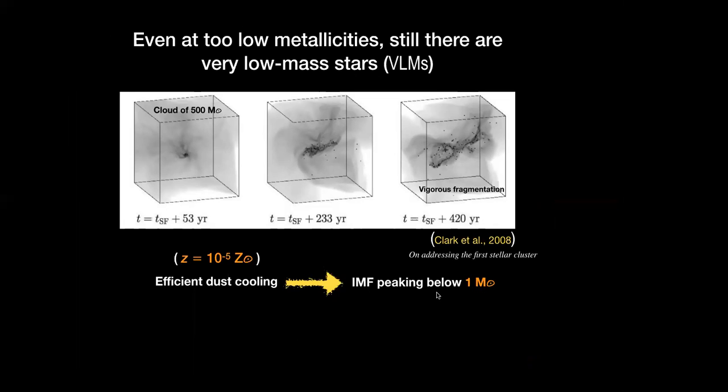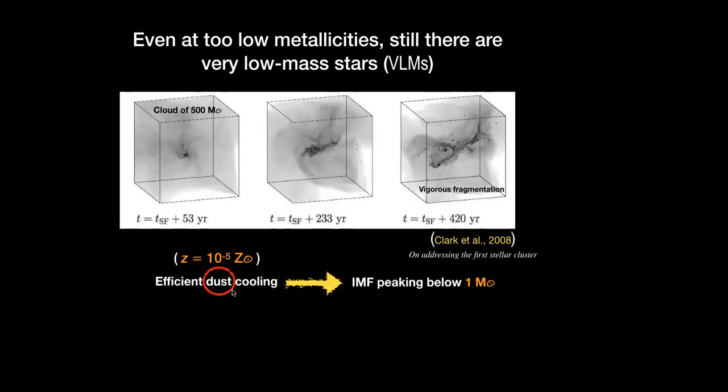It makes sense now that the low mass end of the IMF, even for the primordial case, is making a lot of sense, because the simulation data is pointing out that it is possible to form low mass objects, low mass stars, even in the fairly young universe. But this is mainly due to the dust presence. When the dust is there, it provides efficient cooling and it can drop down the temperature and it helps the stars to form with very small masses.